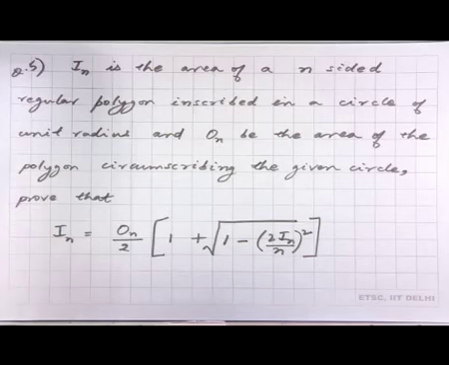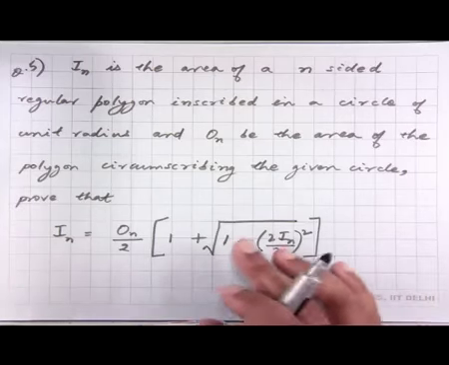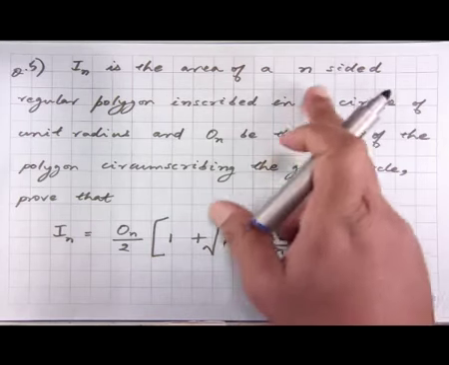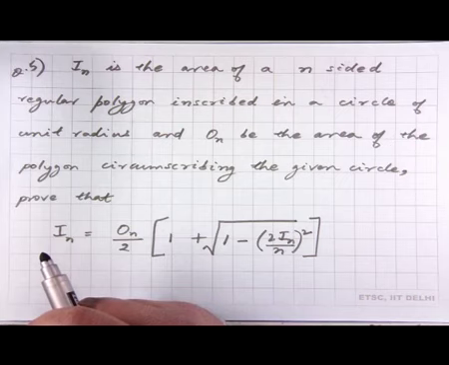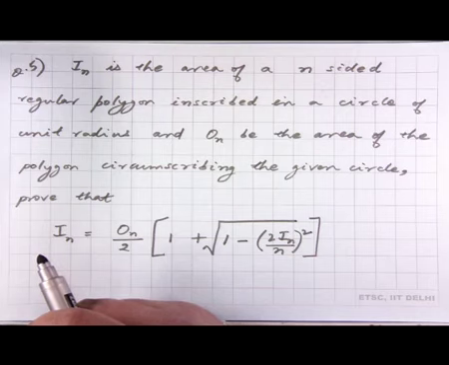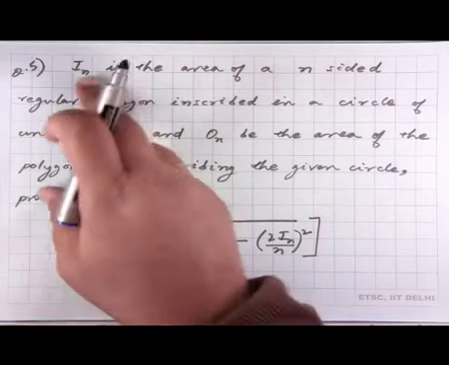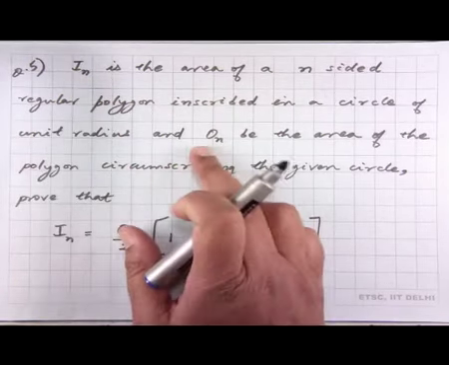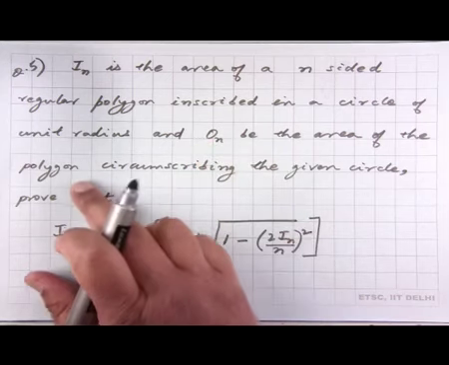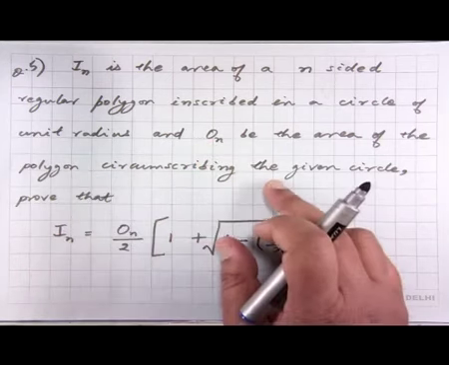So, in this problem it is stated that we have a n-sided regular polygon which is inscribed inside a circle of unit radius. The area of this inscribed regular polygon is denoted by In, and On is the area of the regular polygon which circumscribes the same circle.